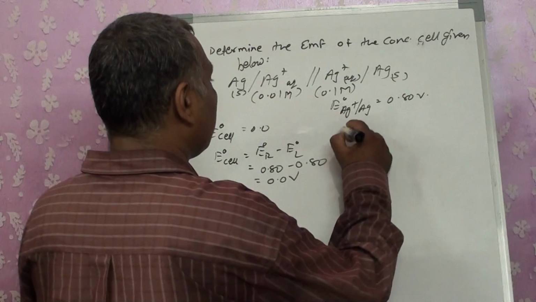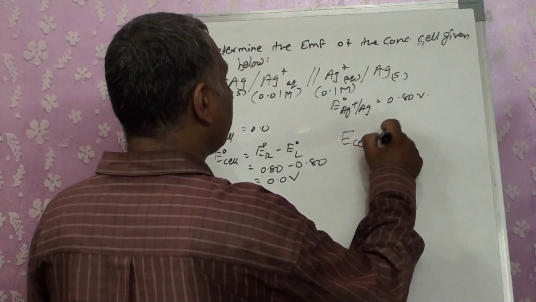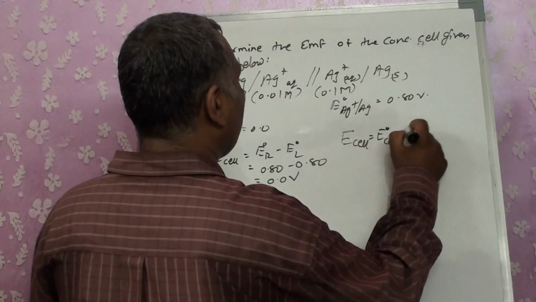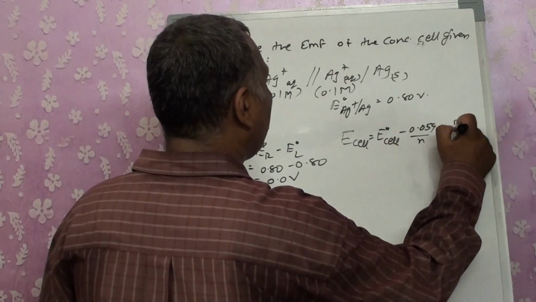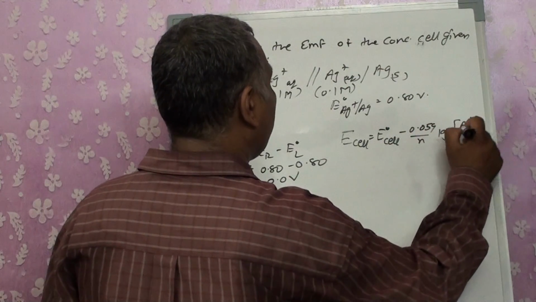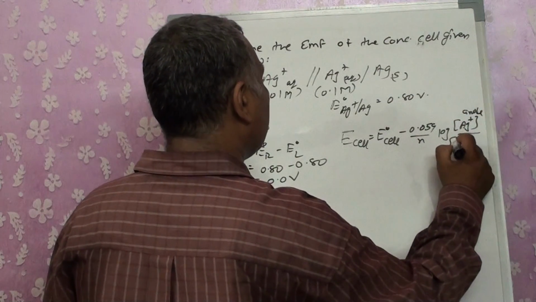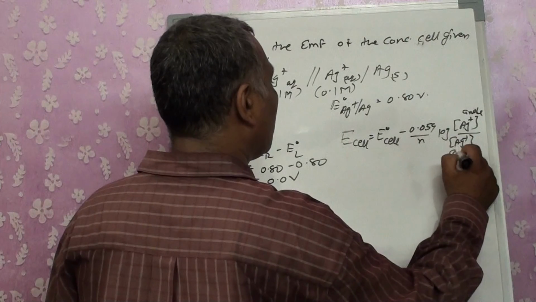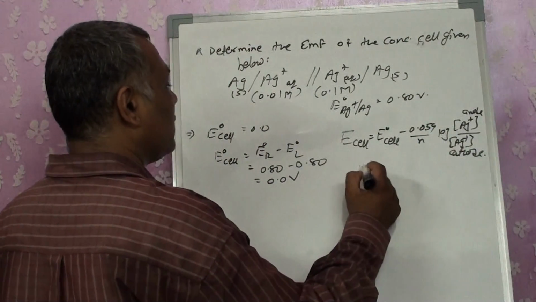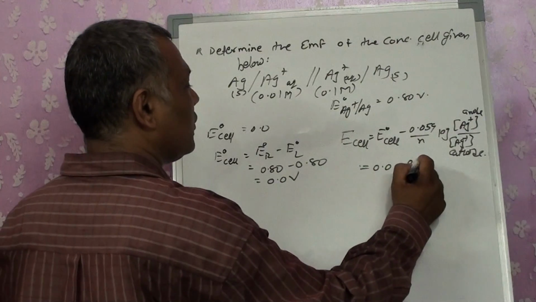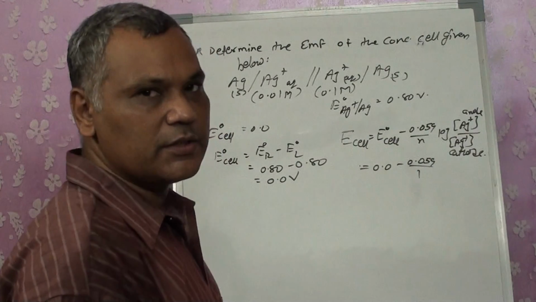Now using this, we get the Nernst equation: E cell equals E naught cell minus 0.059 by n log of the concentration of Ag plus at the anode over that of Ag plus at the cathode. Here n is the electron transfer, which is 1.